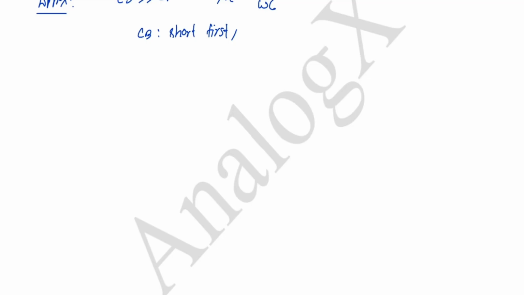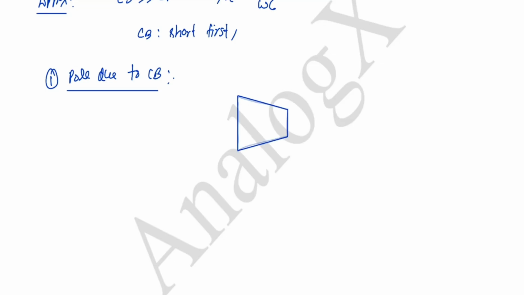Okay, so how can we solve this circuit? First we will calculate the pole due to Cb. If we are calculating the pole due to Cb and Cb exists in the circuit, at that time our Cp will be open circuited. So I will draw that loop gain model again. This is minus Gm and this is R naught.